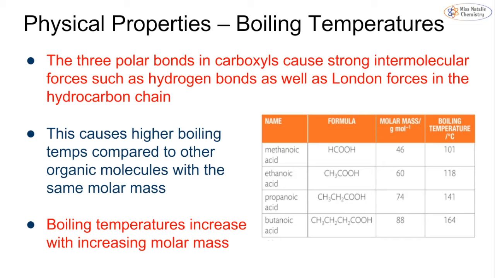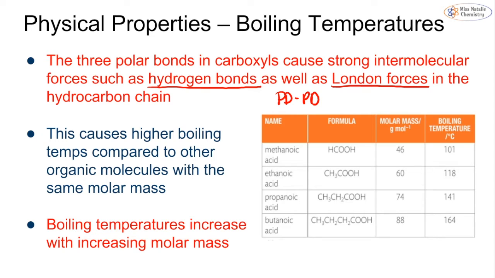When we look at the actual boiling temperatures, what we see is that the polar bonds in the carboxyls give us very strong intermolecular forces. So we get hydrogen bonds plus permanent dipole bonds and London forces. So we're seeing all 3 different types of intermolecular bonds here. And we get London forces, of course, in the hydrocarbon chain as well. So what we find with the carboxylic acids is they have even further elevated boiling points in comparison to the other homologous series that we've seen.